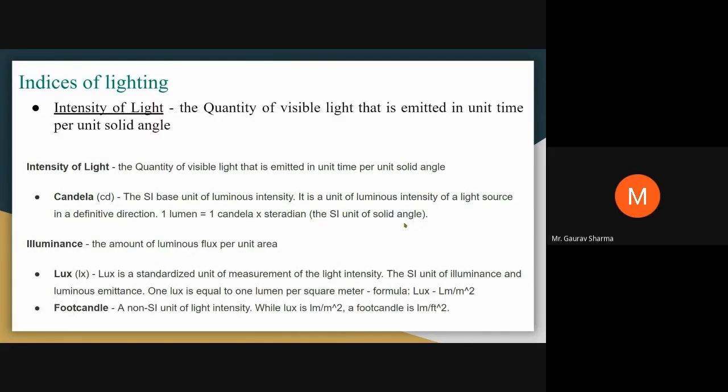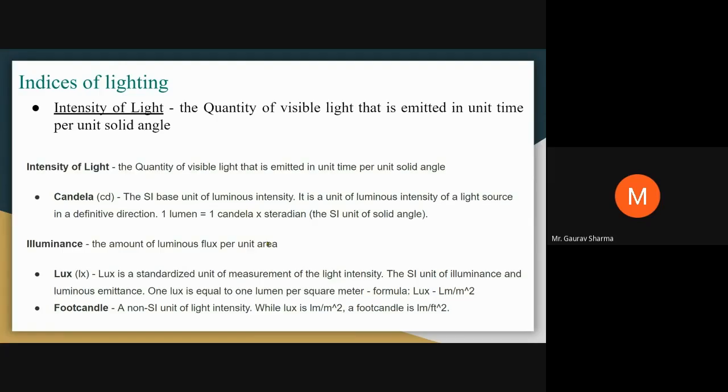Whereas illuminance, if we talk about the amount of luminous flux per unit area, we are considering. Where we are talking about the intensity of light, we are considering it on the angle of 360 degrees. Whereas if I talk about illuminance, illuminance means what? It is distributed on per unit area. So depending on the type of measurement, whether we are talking in reference to the electromagnetic sensors, or the natural sensors which we are assigned with, like our eyes.